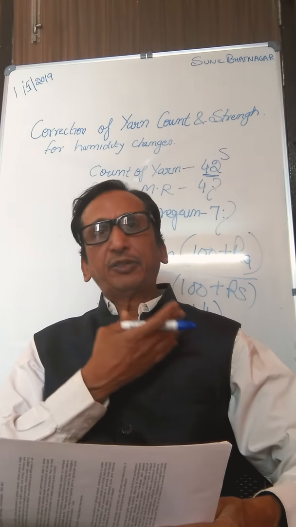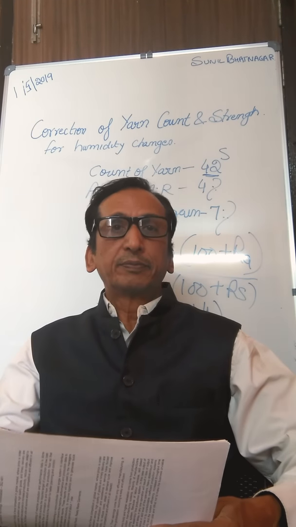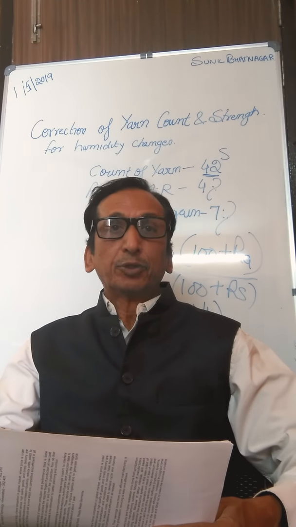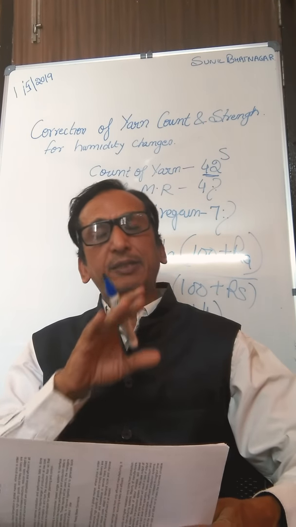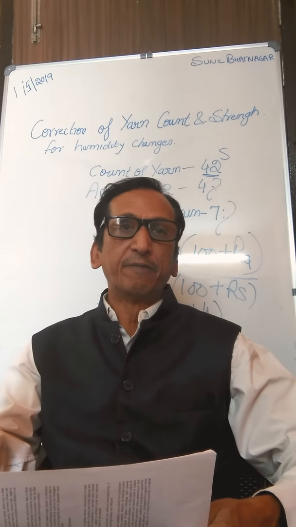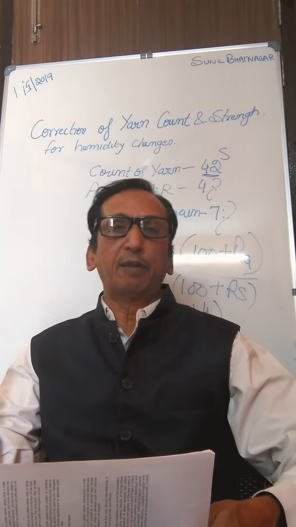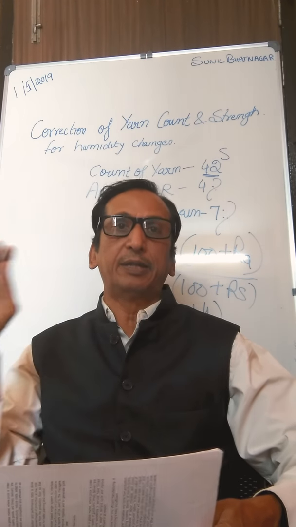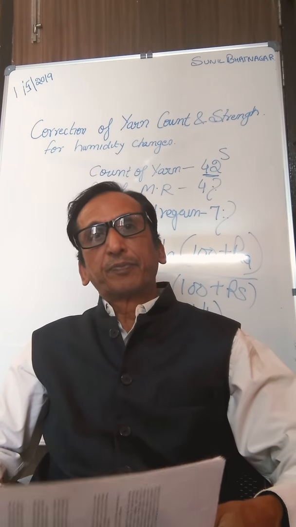Definitely, when I check the strength of this material, it will be lower. So the strength is taken in the standard atmosphere, that is 27 degrees Celsius temperature and 65% RH, in the laboratory after proper conditioning.